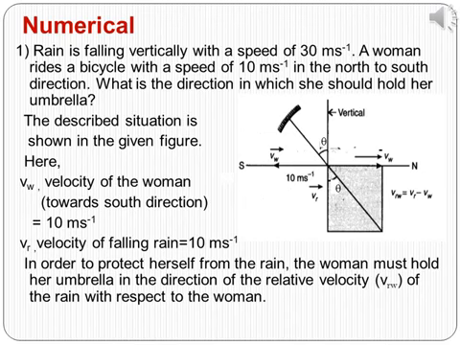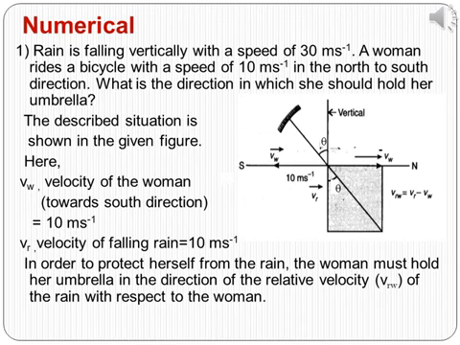Given that VW, which is the velocity of the woman towards the south direction, is equal to 10 meters per second, and VR, which is the velocity of falling rain, in the vertical downward direction, is equal to 30 meters per second. Since VW is towards the south direction, minus VW should be towards the north direction, as shown in the given figure.